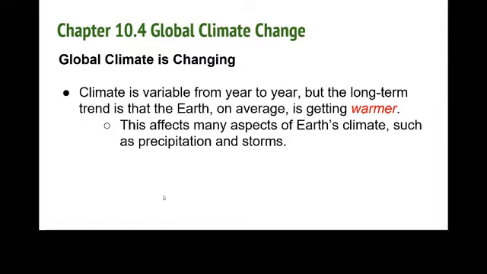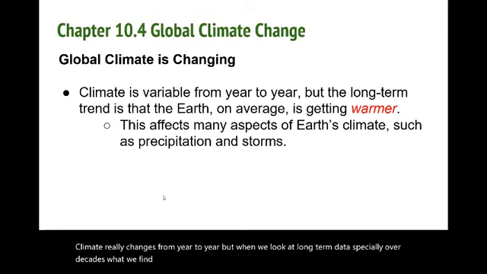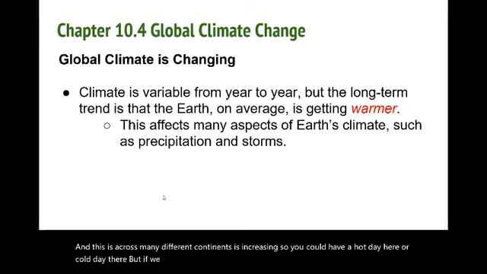The next section of your textbook is talking about global climate change, and climate really changes from year to year, but when we look at long-term data, especially over decades, what we find is that the average annual temperature, and this is across many different continents, is increasing. You could have a hot day here or a cold day there, but if we take the overall annual average temperature and compare it to previous years, they're getting warmer.